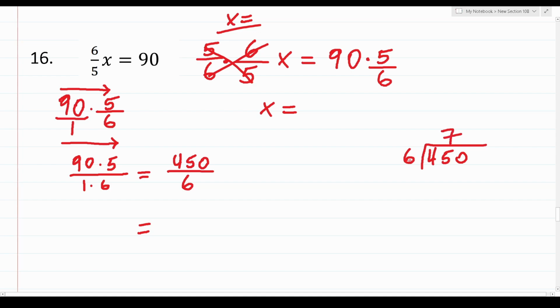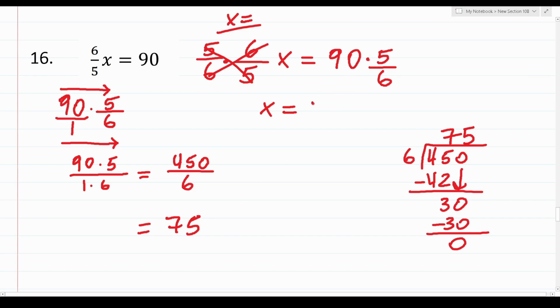That's going to be 7 times. 6 times 7 is 42. 45 minus 42 is 3. And now we drop down this 0. How many times does 6 go into 30? That's going to be 5 times. 6 times 5 is 30 with no remainder. So we can see that 450 over 6 is 75. In other words, 5/6 times 90 is 75. All right, so that's that one.